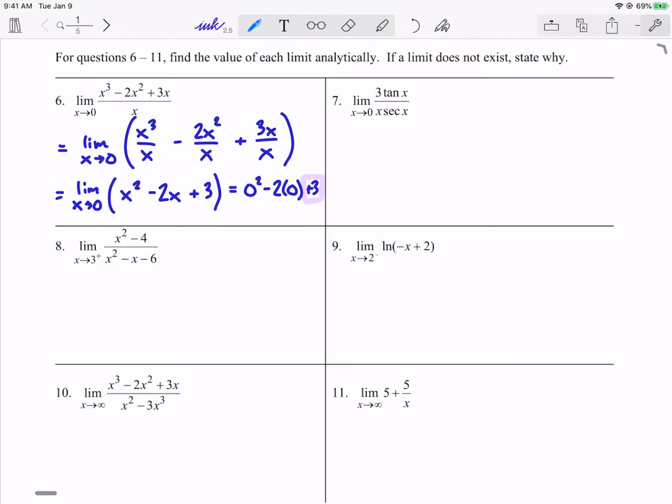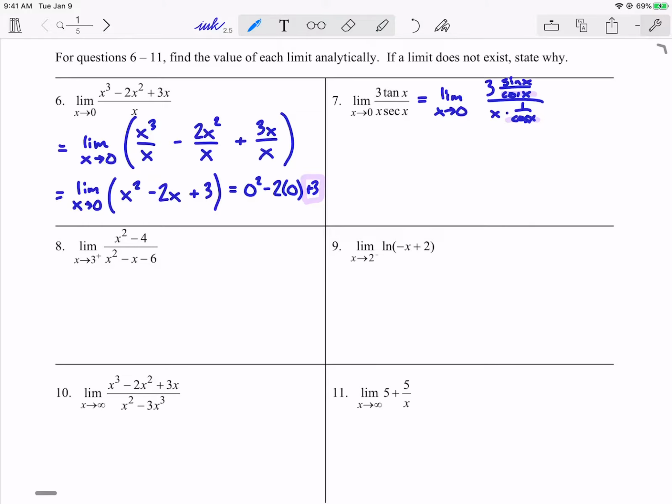Next one involves tangent and secant. So what I'm going to do is rewrite it using sines and cosines. So I've got 3 sine of x over cosine of x over x times 1 over cosine of x. I will leave it to you to determine that these cosines can actually cancel.